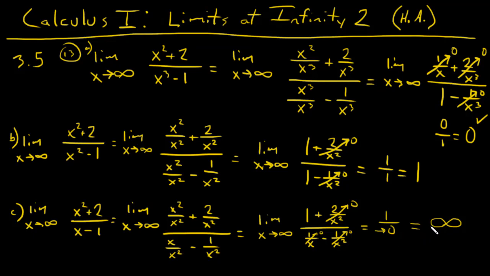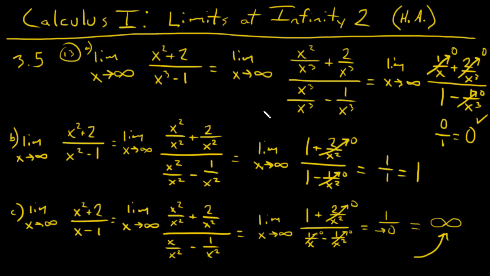So the answer to this is that there is no horizontal asymptote. It is taking off to infinity. So in other words, as you go over in the positive x direction toward positive infinity, the y value is going to infinity. Okay, no big deal.